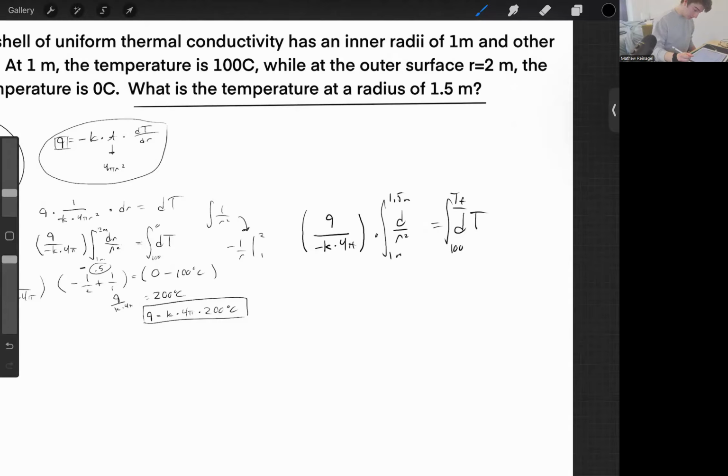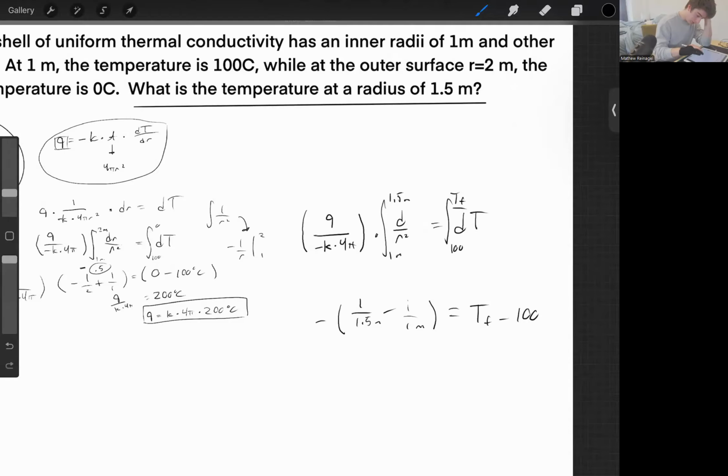So now what we can do is begin integration, and if we do this, we'll have 1 over 1.5 meters minus 1 over 1 meters, which is equal to, let's see, temperature final minus 100. And this is being multiplied by Q over negative K times 4 pi.